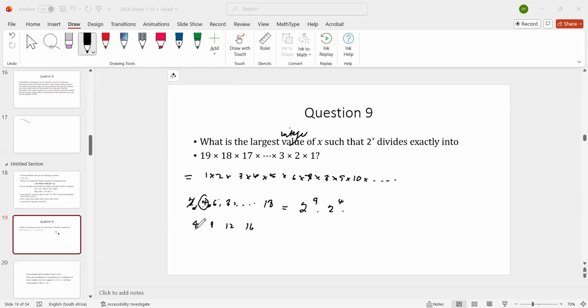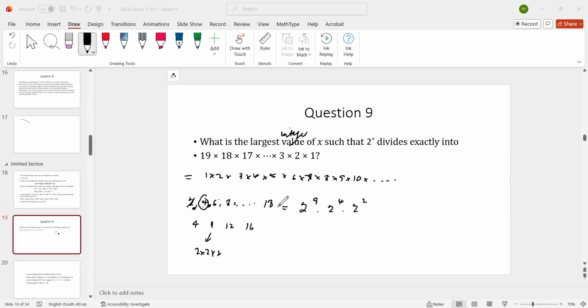So when you take out the twos from here, I've already counted the first 2. So 4 is 2 times 2. Now this is 2 times 2 times 2. So 8 and 16 contribute another 2.